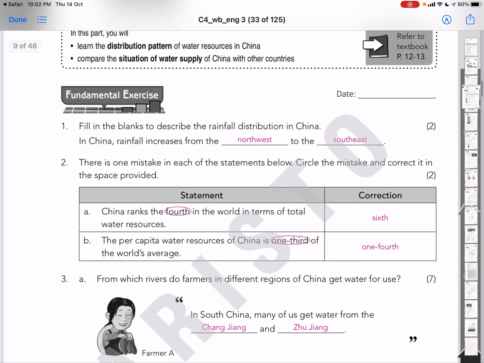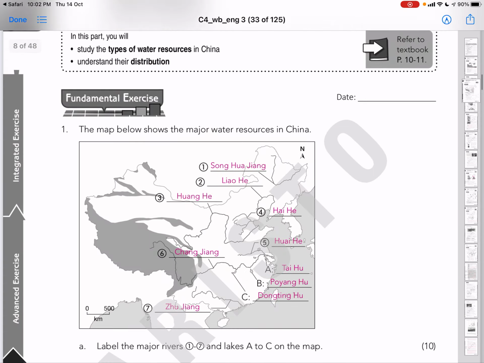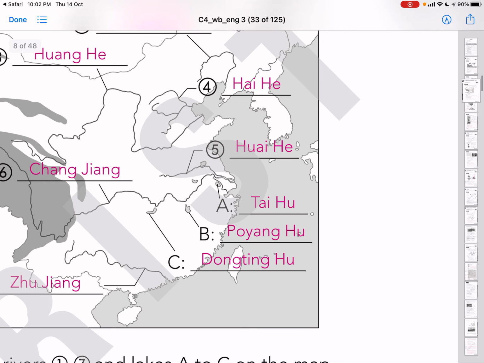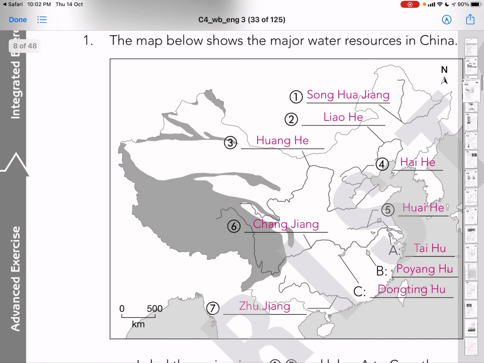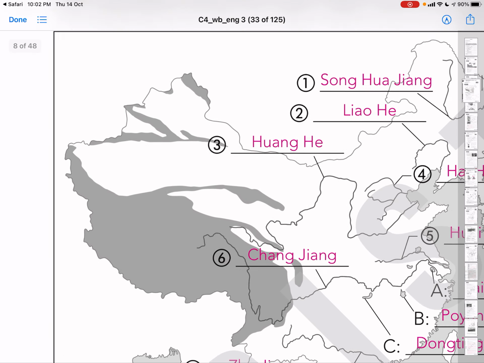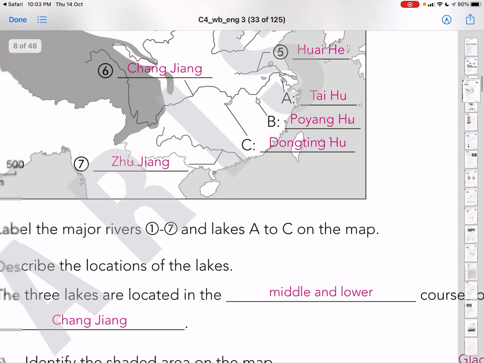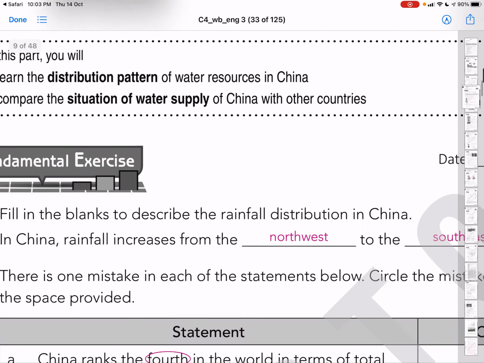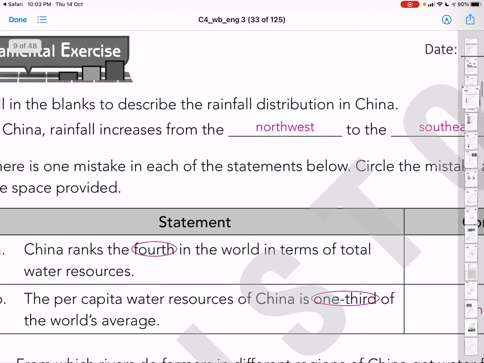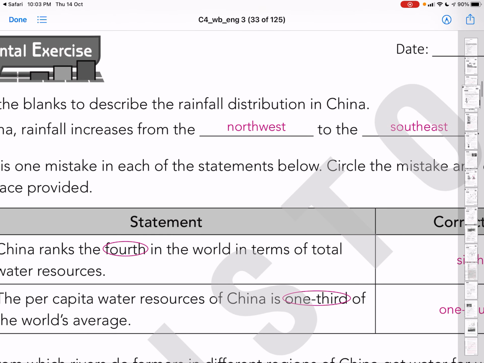Okay, and for rainfall, in the northeast or northwest we don't have any sea, but for the southeast we do have a lot of sea. So accordingly, the rainfall will be decreased. Rainfall increases from the northwest, which has the lowest rainfall, to the southeast, which has the highest rainfall.